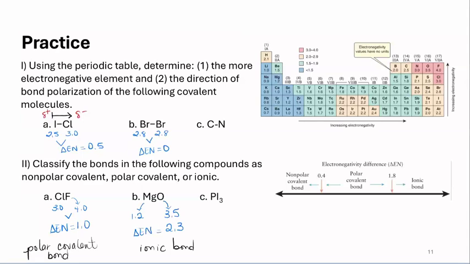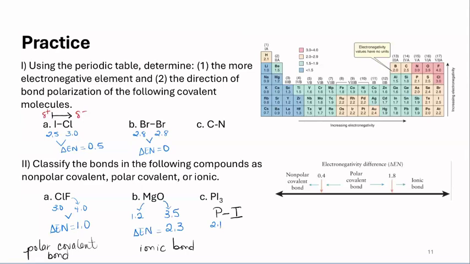We can see that in the next example, we have PI3. That means that phosphorus is in the middle and is surrounded by iodines. In order to categorize the type of bonds in this molecule, we're going to look specifically at the electronegativity difference between phosphorus and iodine. Phosphorus has an electronegativity value of 2.1.